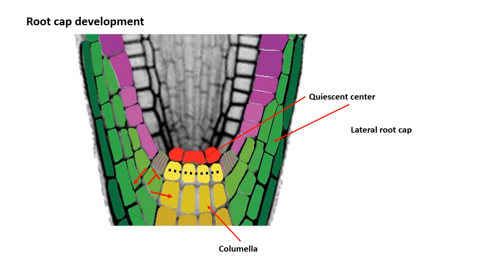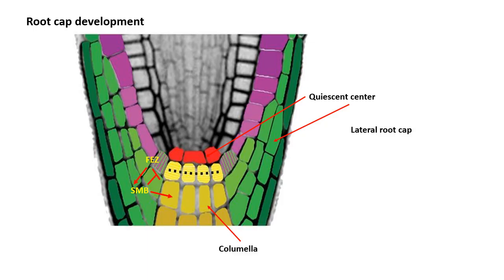Two transcription factors, FEZ and Sombrero, that is SMB, are required for correct execution of the root cap developmental program and are active in root cap stem cells and their immediate daughters, which are highlighted here in yellow color.